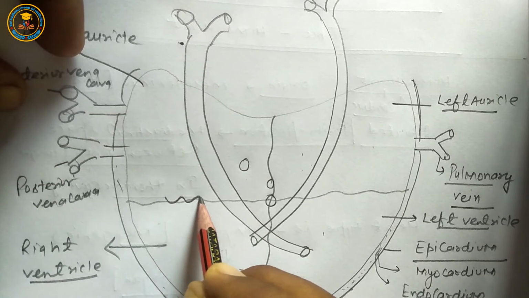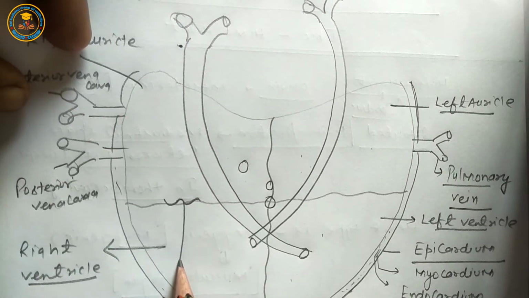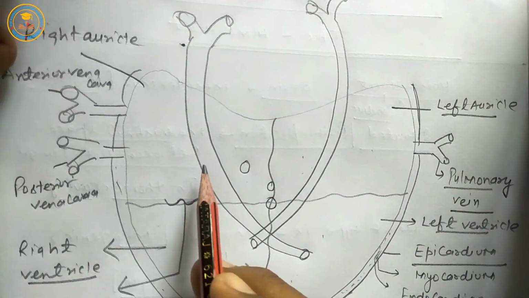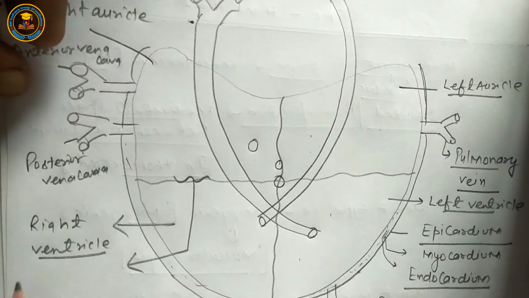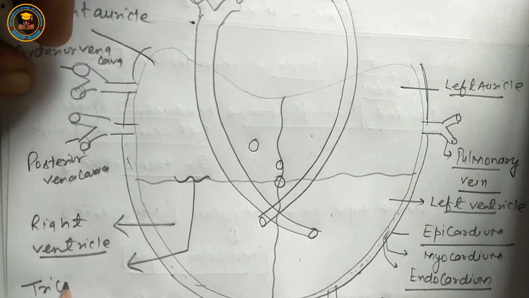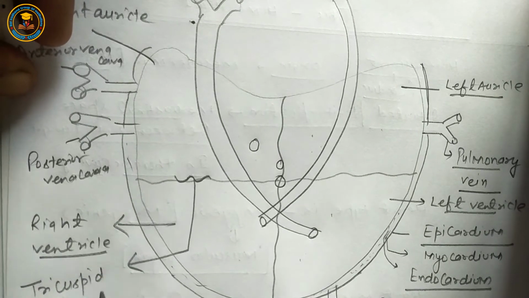Next, a specific septa between right auricle and right ventricle is the tricuspid valve.